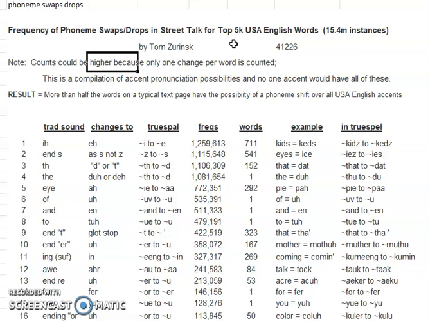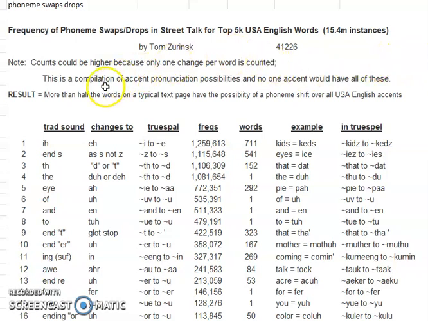And I'm using the 5,000 word database of Collins CoBuild for these 5,000 words. There were 15.4 million instances accounted for in the database for these top 5,000 words, probably representing around 90% of words on a page.